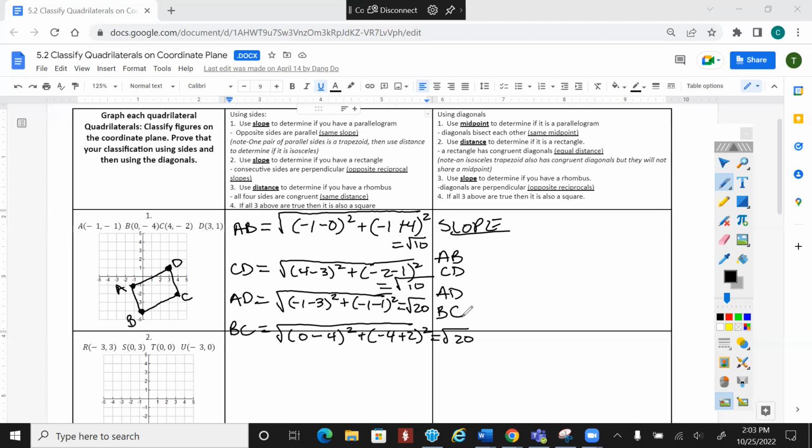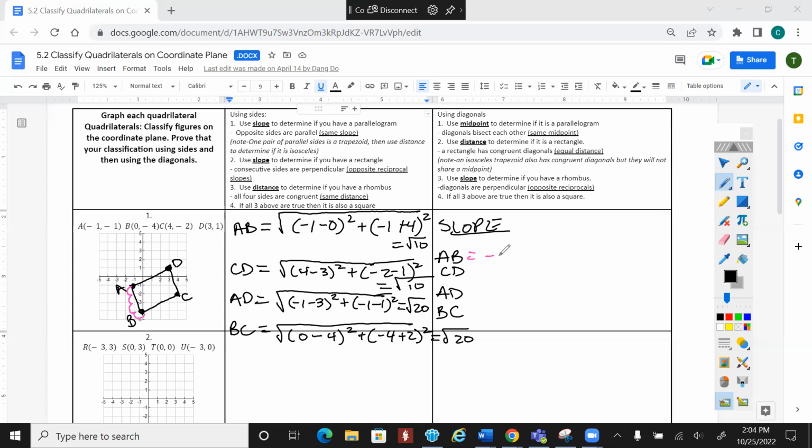You're also going to find the slope of all 4 of those. Now, keep in mind, once you have this graph, you can just do it by hand. Watch this. From A to B, you're going to go down 1, 2, 3, and go over 1.